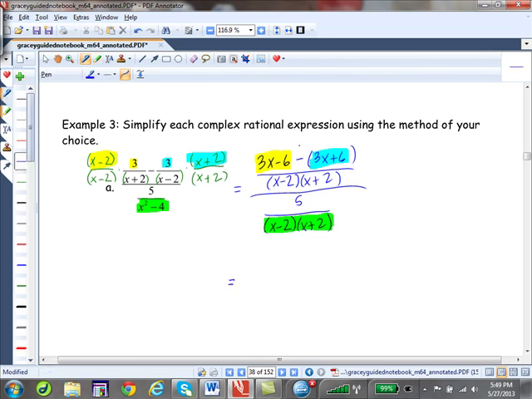All right, so here we go. When we distribute the minus, we'll have a minus 3x minus 6. So the 3x's will zero out, and we'll end up with a negative 12 over x minus 2 times x plus 2.